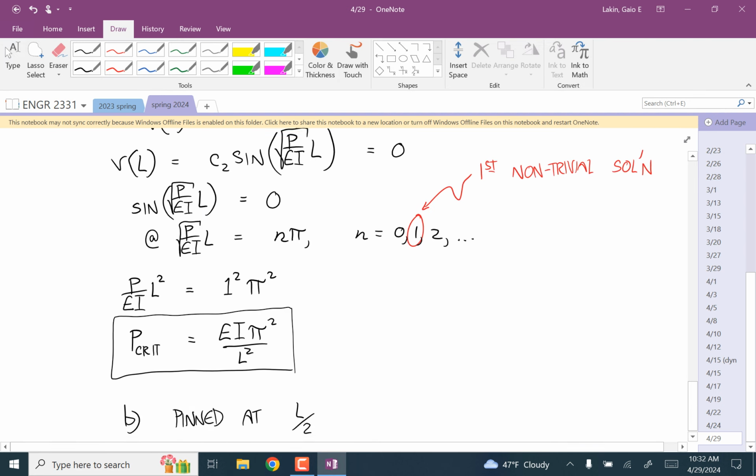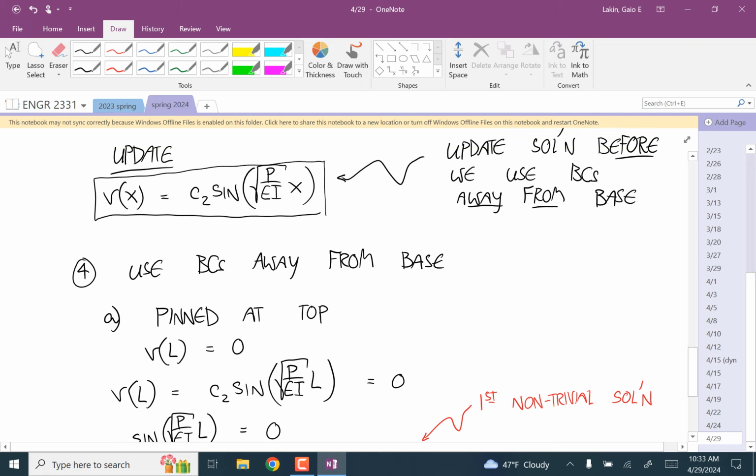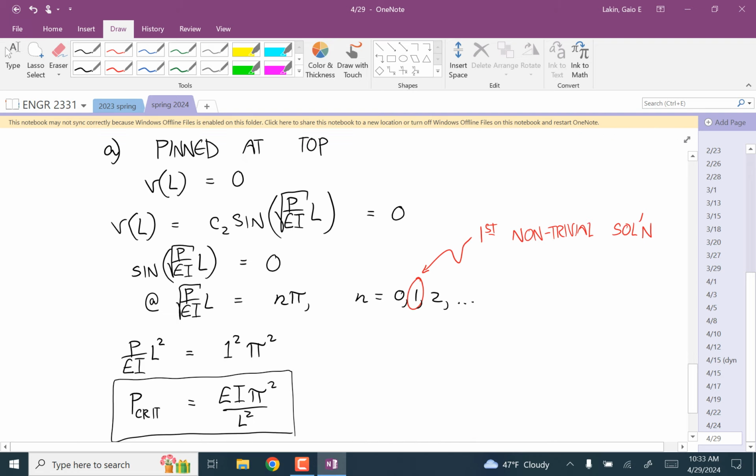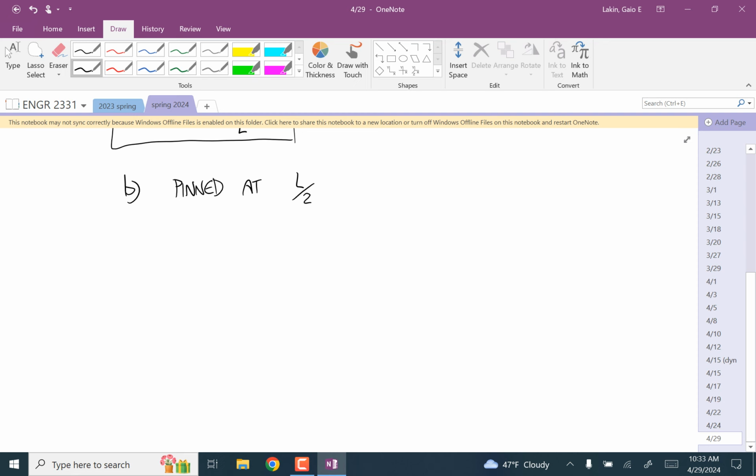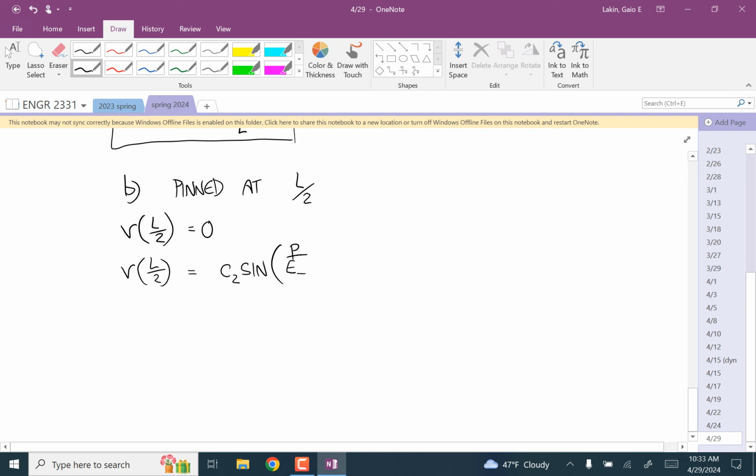Okay, so we're starting with our updated expression for V, and we're saying V at L over 2 is equal to 0. And so V at L over 2 is equal to C2 times the sine of the square root of P over EI times L over 2, and we're setting that equal to 0.